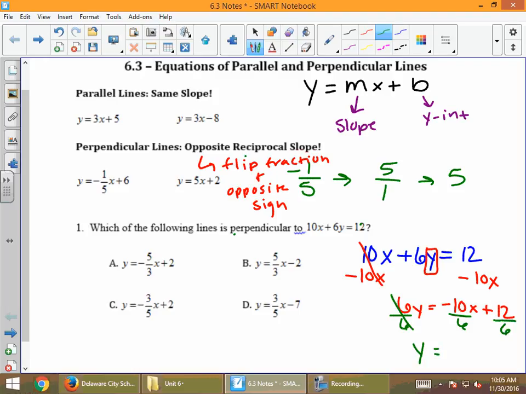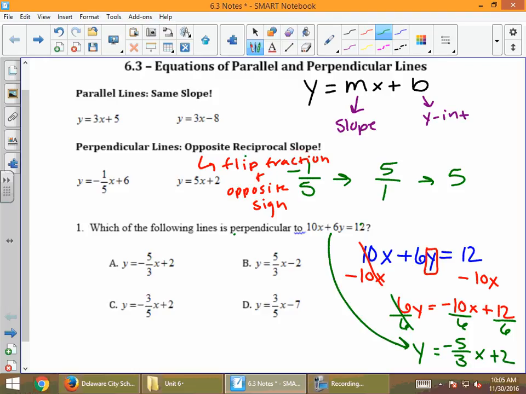Reduce your fractions. What is negative 10 over 6 reduced down to? Negative 5/3. And what is 12 over 6 reduced down to? 2.